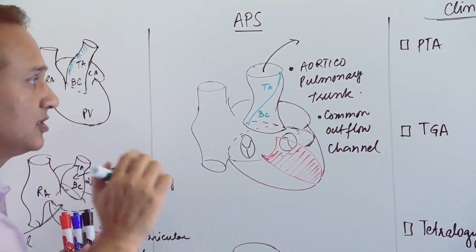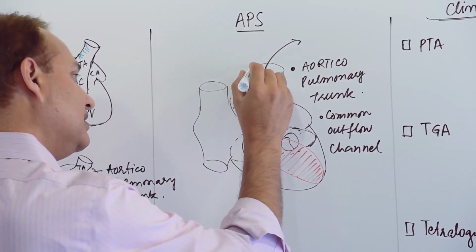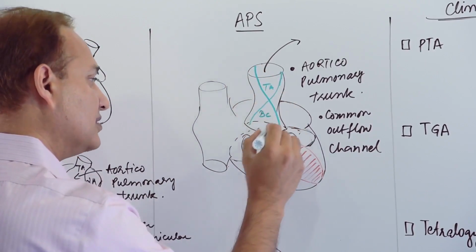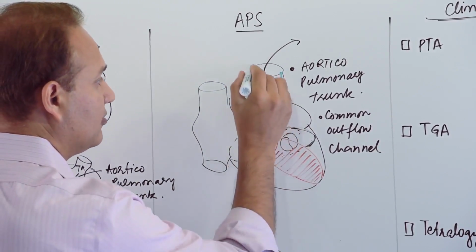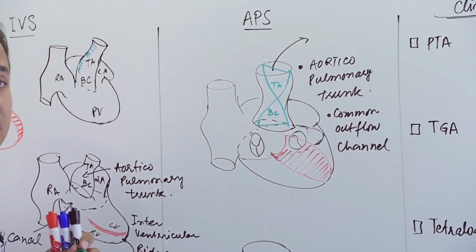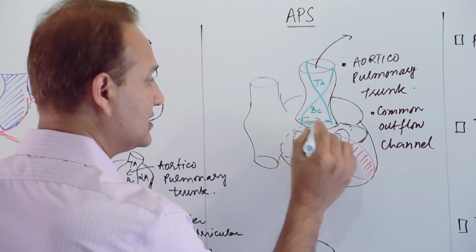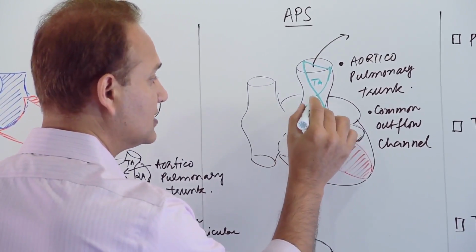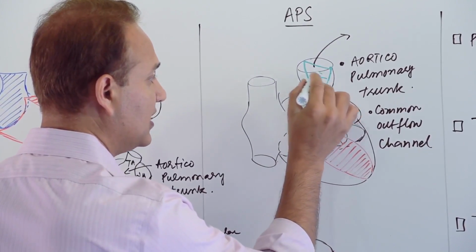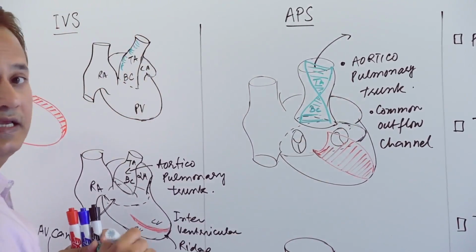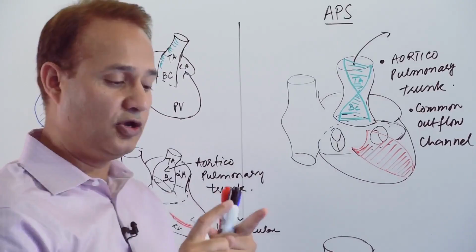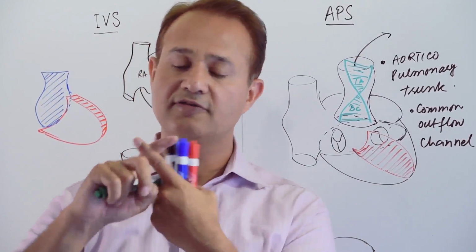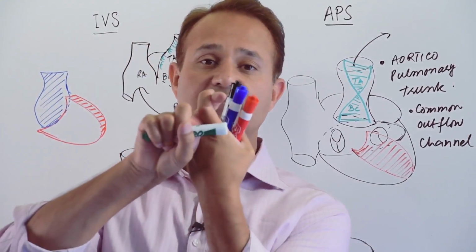It makes a twist. Another ridge on the other side will go down like this, and then they will fuse. So the end result of that is that when this septum is formed, this septum takes a turn, and that turn causes the aorta and the pulmonary trunk to kind of twist around each other like this.